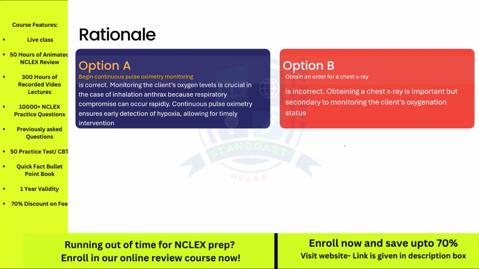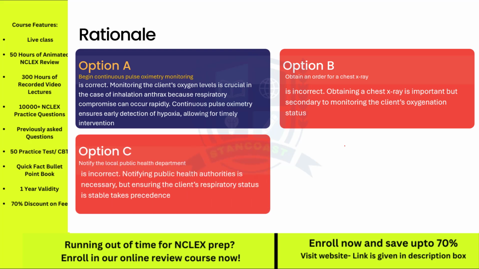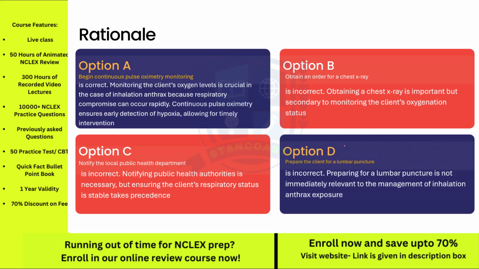Obtaining a chest X-ray is important, but secondary to monitoring the client's oxygenation status. C is incorrect. Notifying public health authorities is necessary, but ensuring the client's respiratory status is stable takes precedence. D is incorrect. Preparing for a lumbar puncture is not immediately relevant to the management of inhalation anthrax exposure.